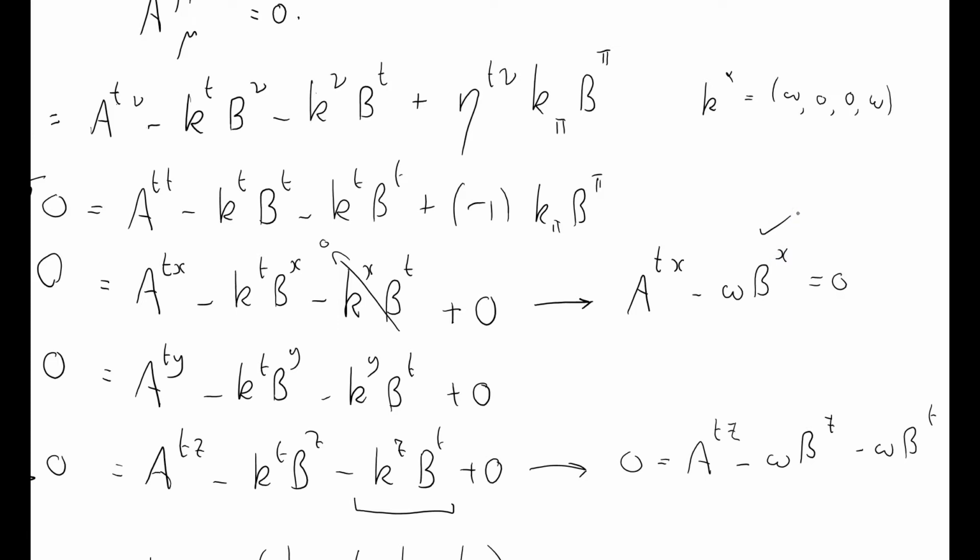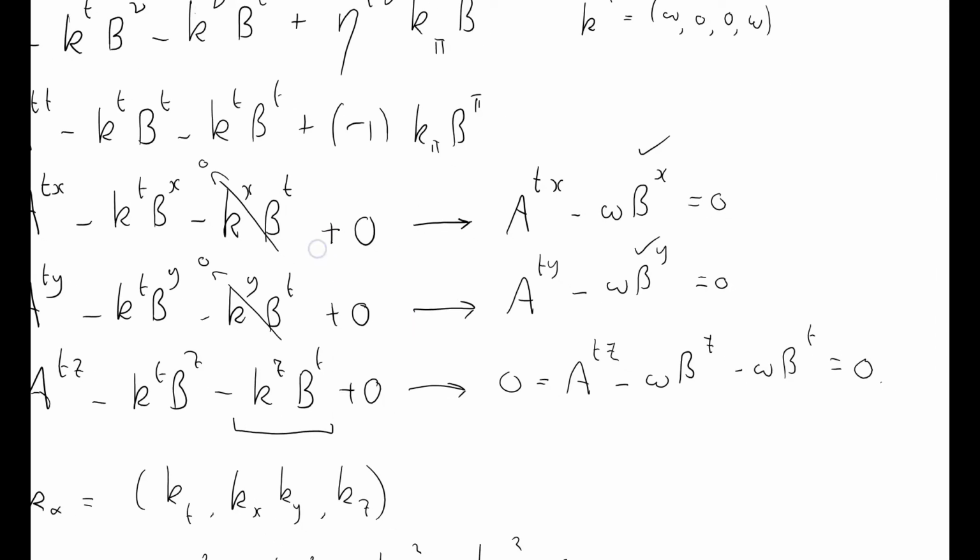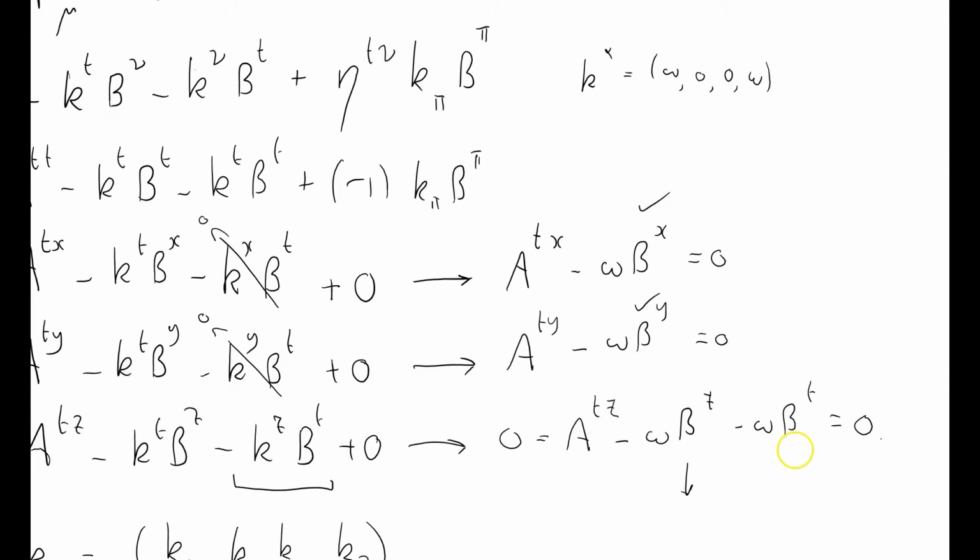We can find bx. It's just A tx over omega. This one tells us that A ty minus omega by equals 0, since this term drops out. So that means we can find by. We can't find bz yet, because we don't know it. For some reason I've done it bottom up; never mind.